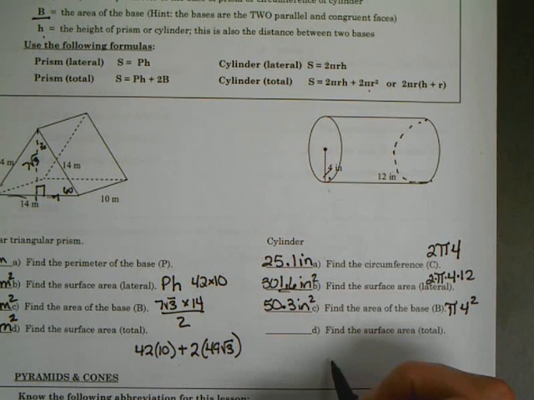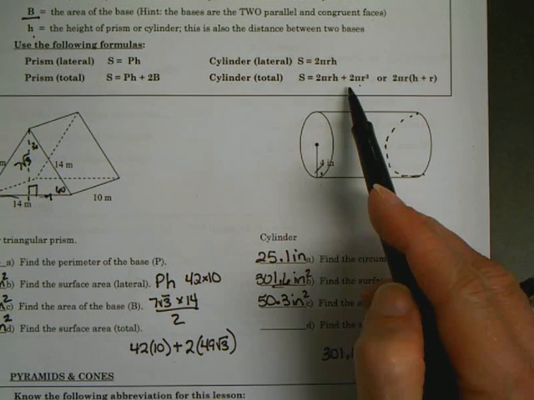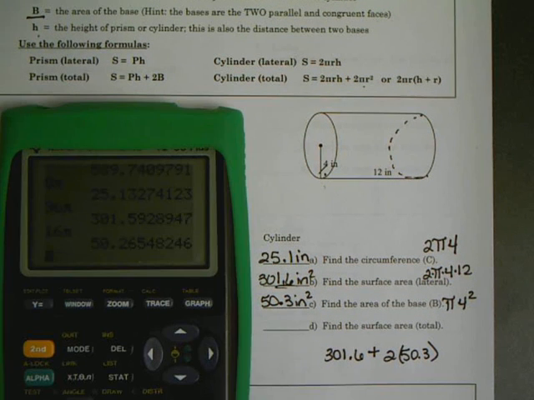We've got 301.6 plus 2 times 50.3. You get 402.2 inches squared. All right, so that is your surface area for prisms and cylinders.